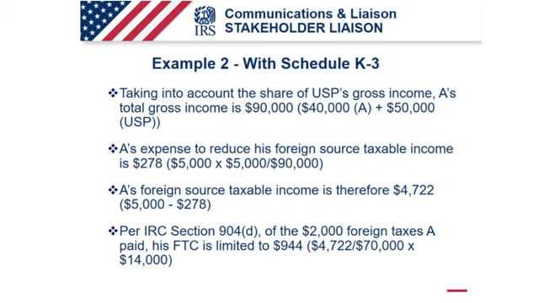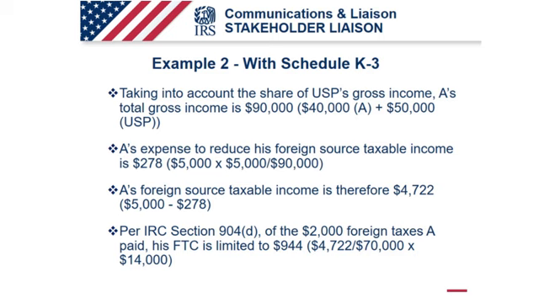Therefore, A's total foreign source taxable income is $4,722. They started out with 5,000 of foreign source, and they reduce it by the $278 of expense that is apportioned to foreign source income.